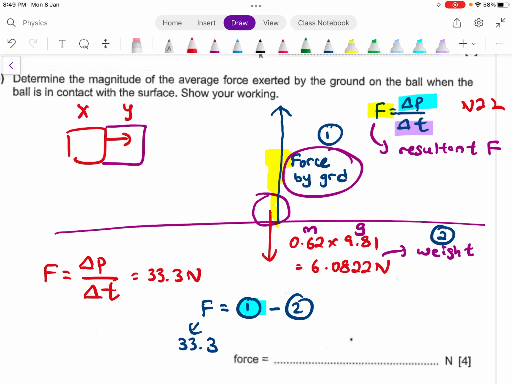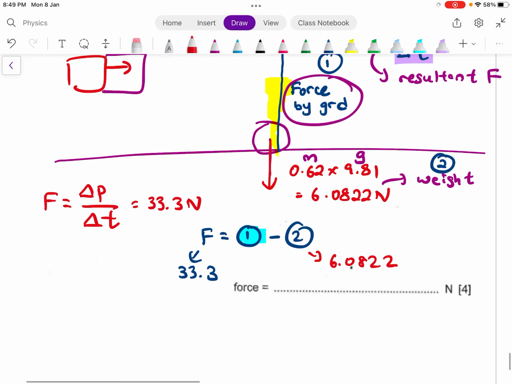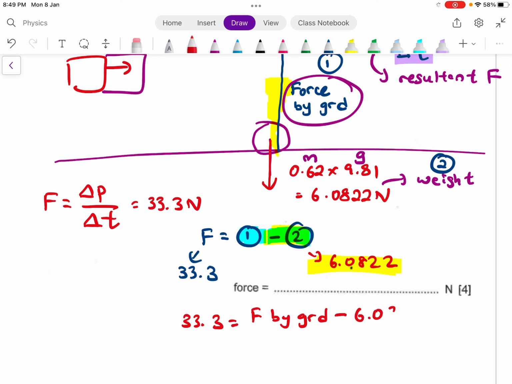I know that my weight is 6.0822. Then we just need to solve. You manipulate a bit, so this whole thing right here, you move over. So 33.3 is equal to force by ground minus 6.0822.